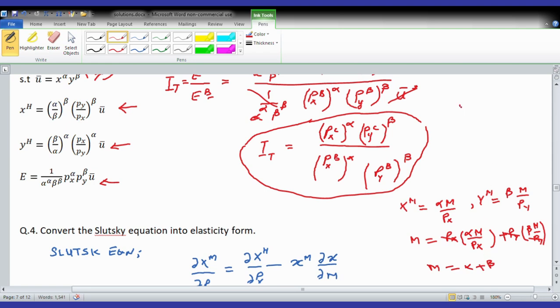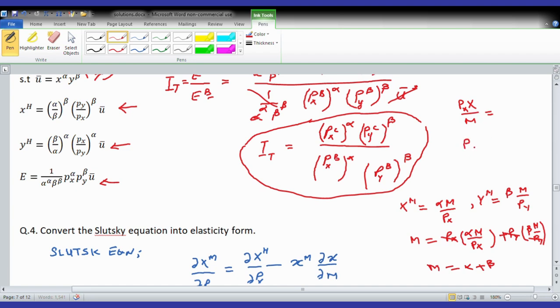Suppose that I write down the equation px x divided by m. This is your expenditure share, the share of income being spent on x.